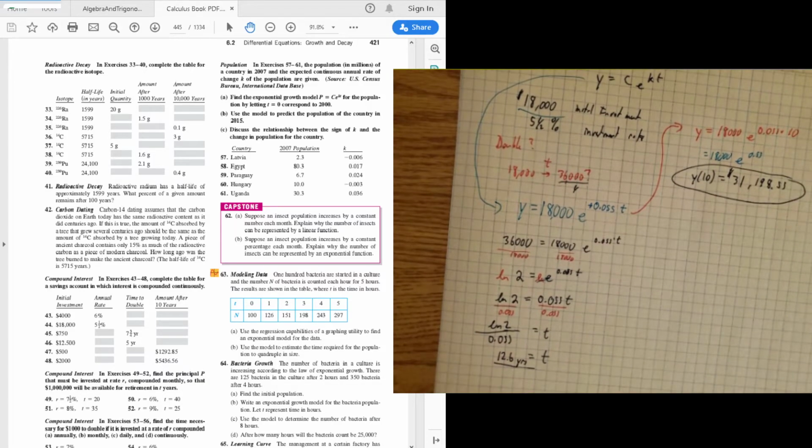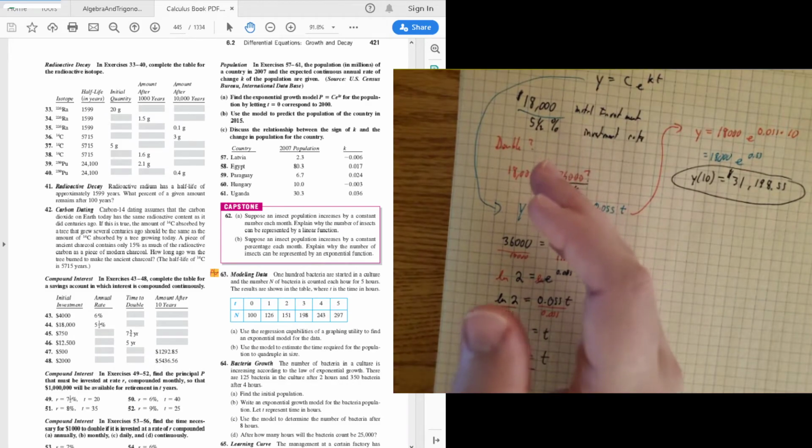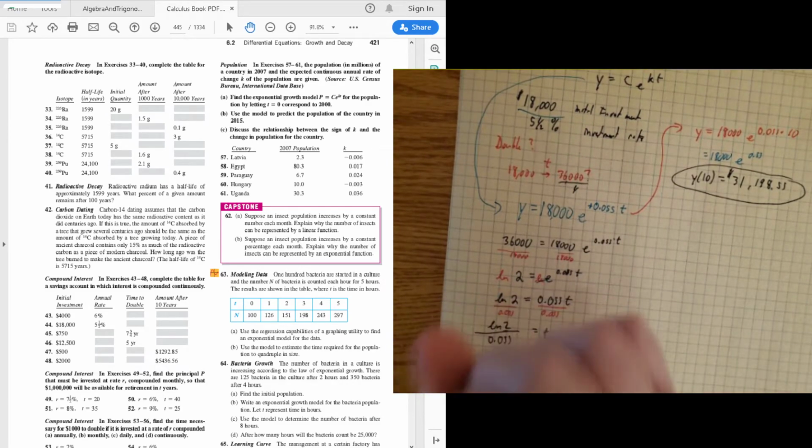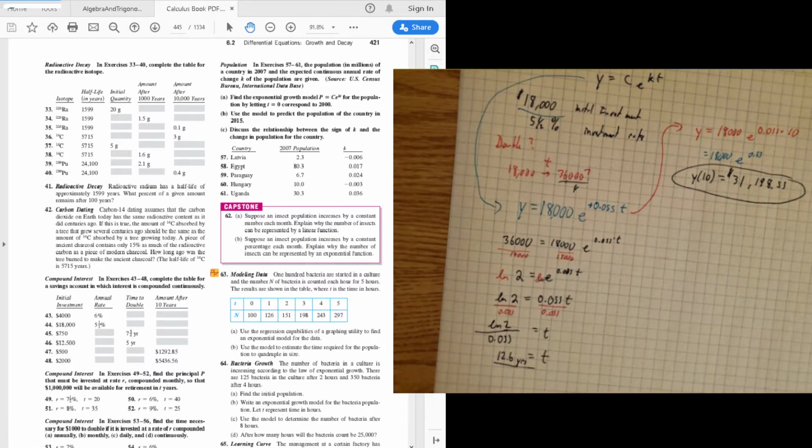Notice that for the other ones like 45 and 47, instead of telling me their rate, they've told me an amount after a certain amount of time. And so we can work backwards, just like we did on 34 and 33, in order to figure out what the missing piece is using algebra. I want to do at least one more problem, so let's go ahead and take a look.